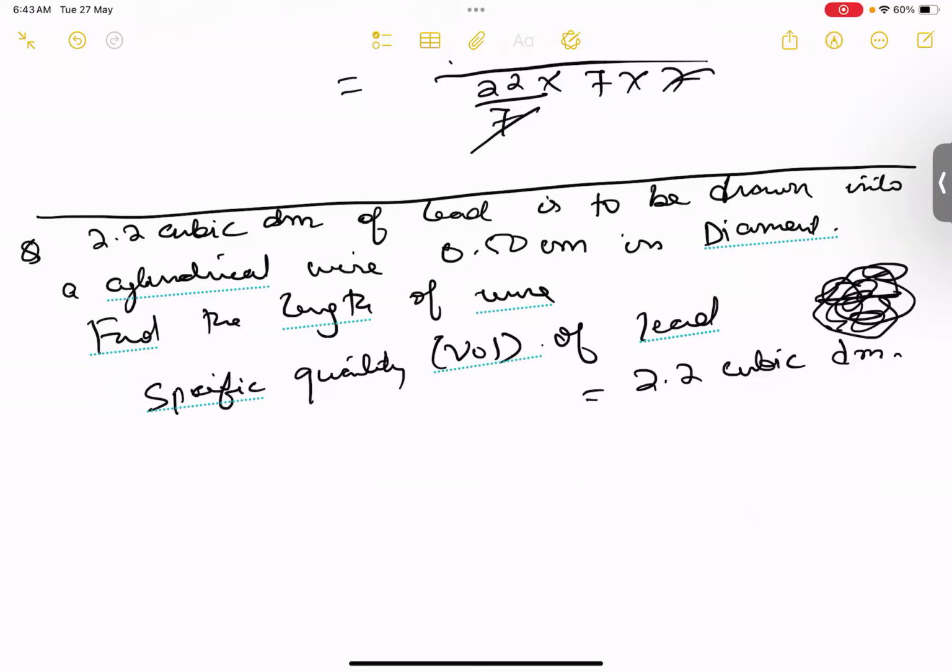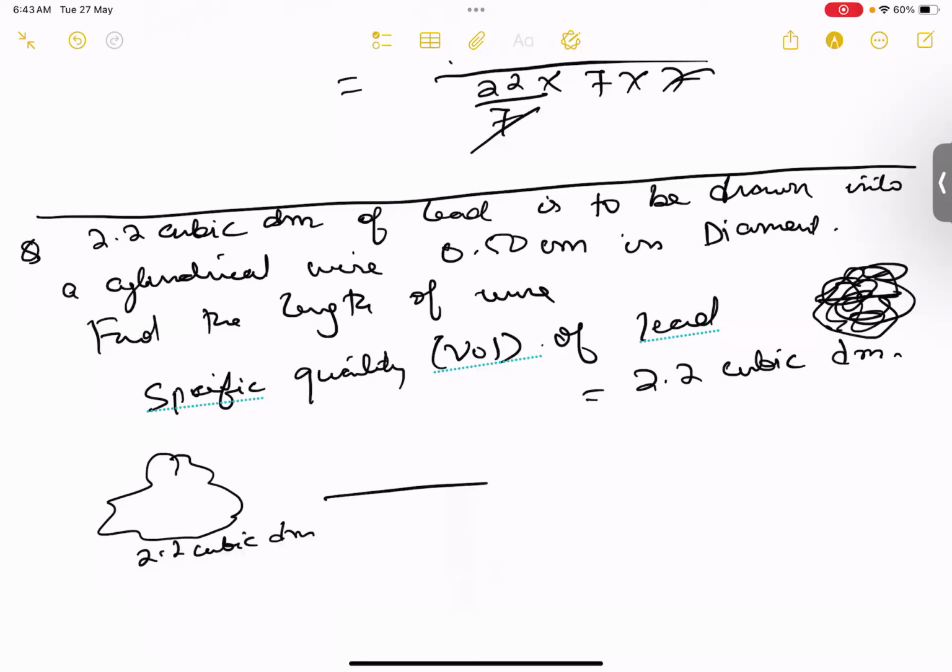Whatever lead we have, that is the 2.2 cubic decimeter. We have to convert it into a wire, a cylindrical wire.